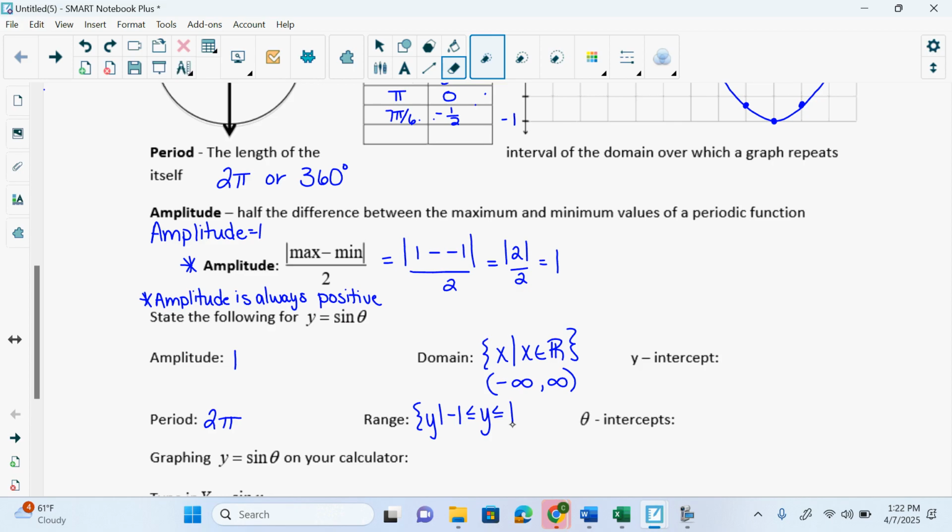It's because you're reading from the y. So y is greater than or equal to negative 1, but y is less than or equal to 1. And then y is an element of the reals. In interval notation, it's a lot easier. Just square brackets, because it's equal, low to high.